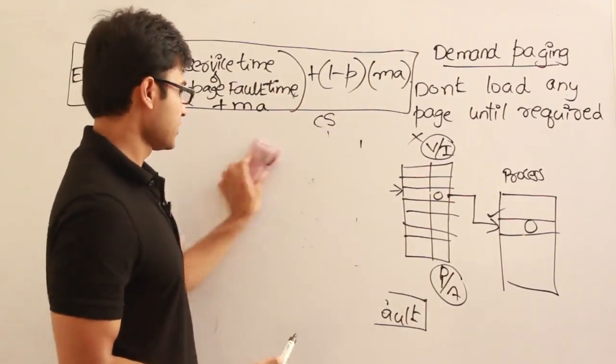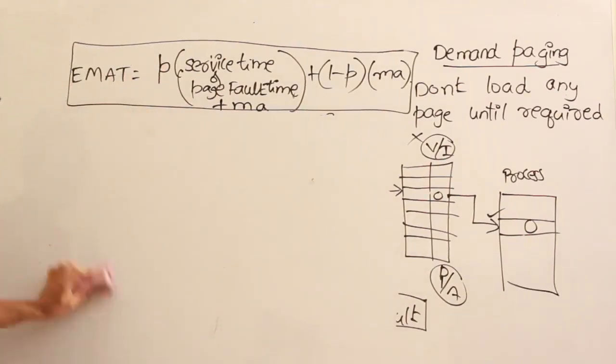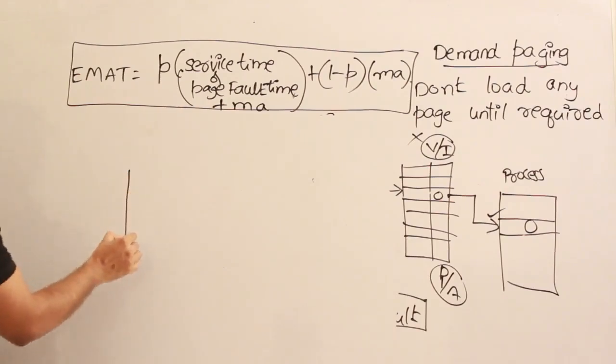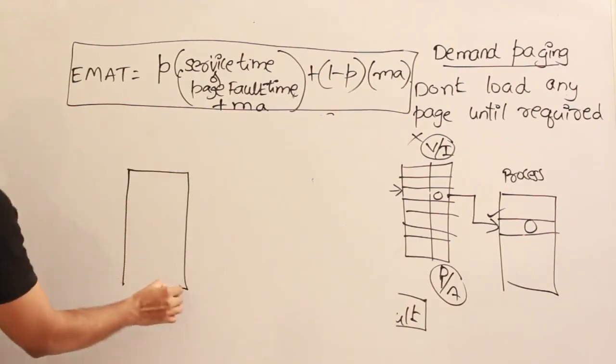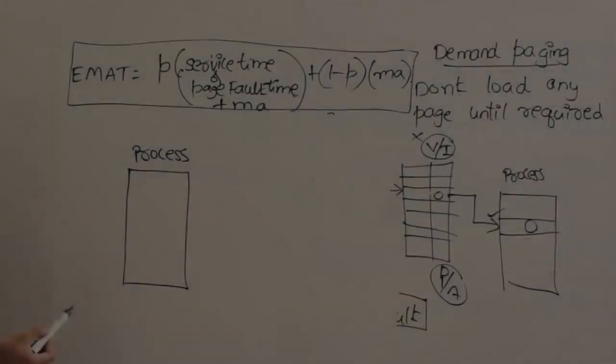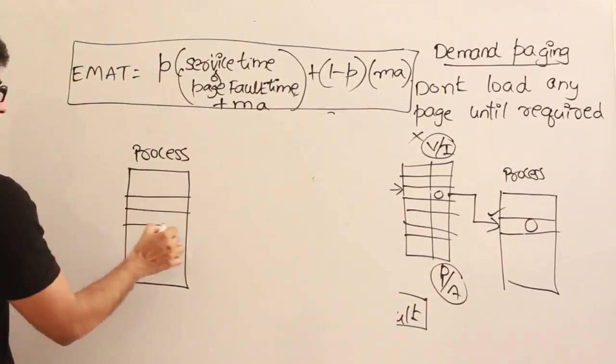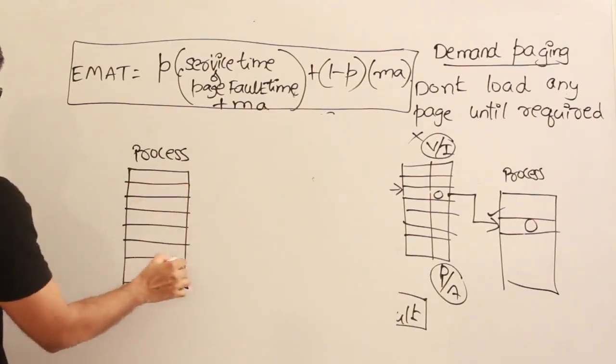What I mean to say is, like this. Assume that there is a process, and the process has many pages, right?